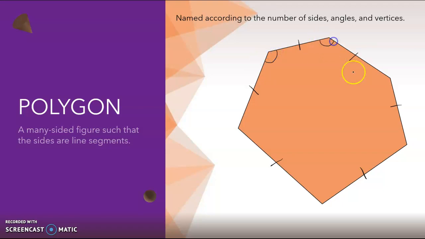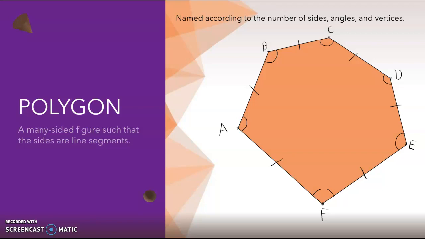1, 2, 3, 4, 5, 6, and 6 vertices. So this polygon is called a hexagon.